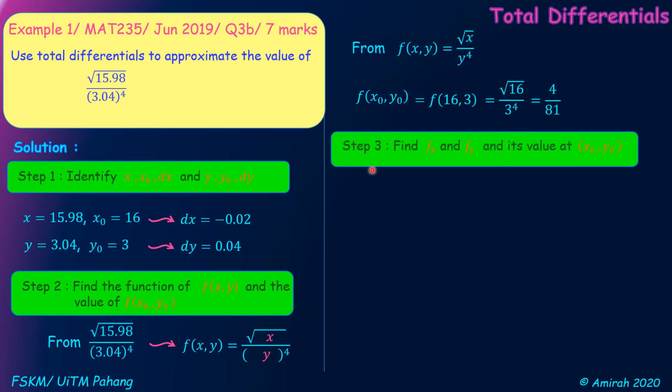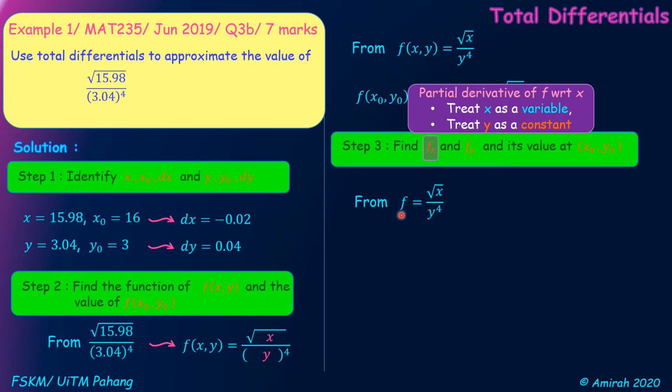Alright, then we continue with step 3. Find fx and fy and their values at (x0,y0). We can find fx from f. fx means the partial derivative of f with respect to x. That means we treat x as a variable and at the same time we treat y as a constant.